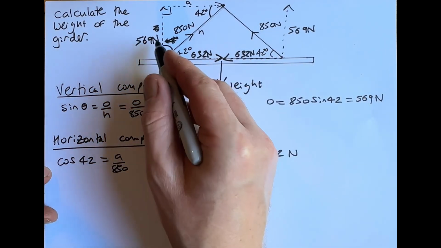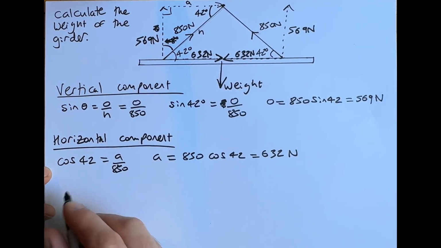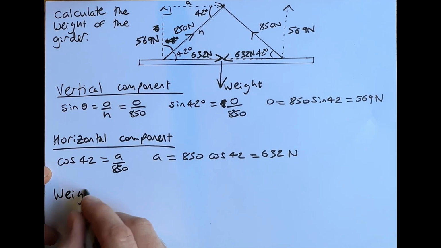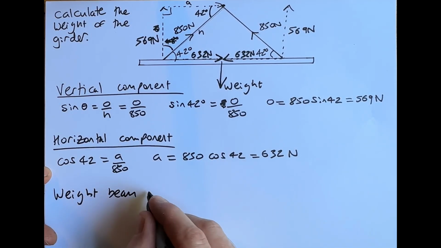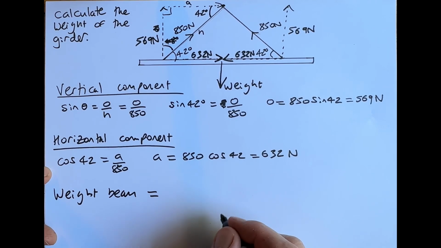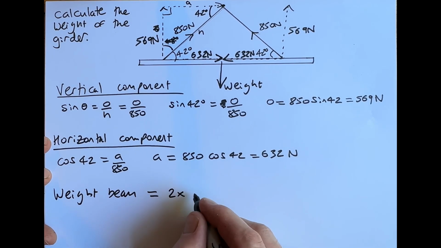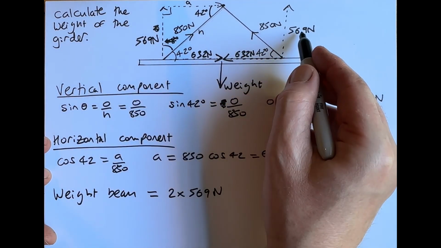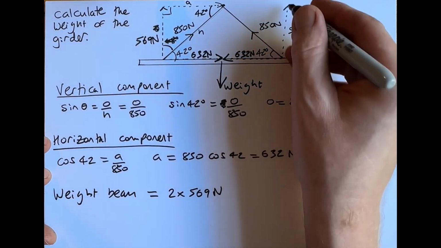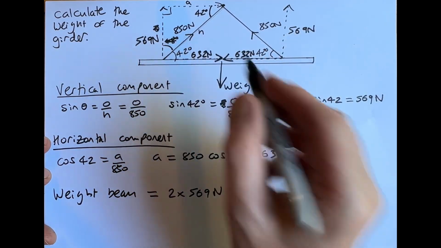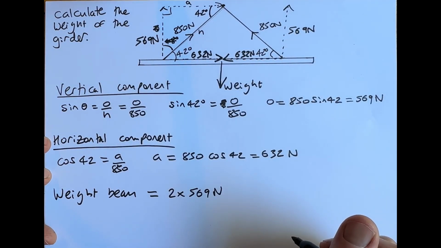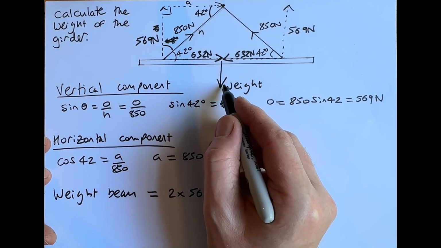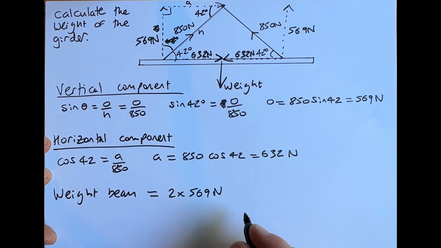So if we add these two vertical forces together, the weight of the beam is equal to 2 times 569 newtons, because this plus this is the total vertical force upwards from the tension in these cables, and that's got to be equal to the downward force of the weight.